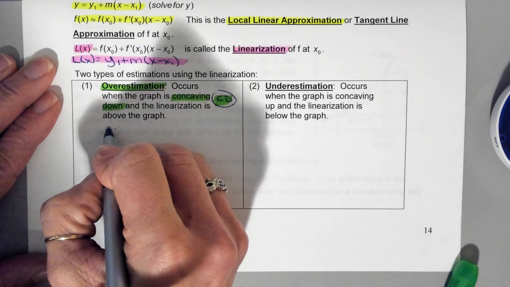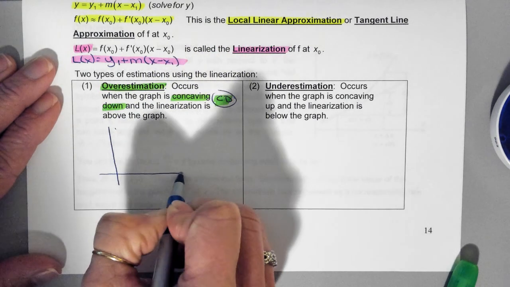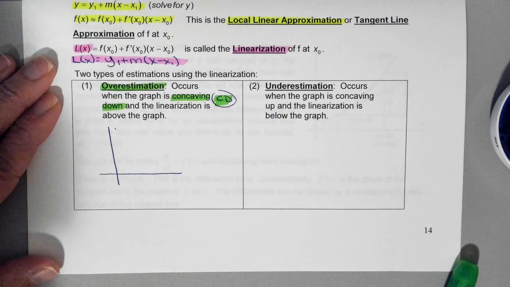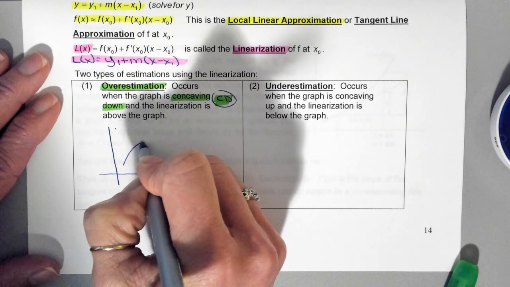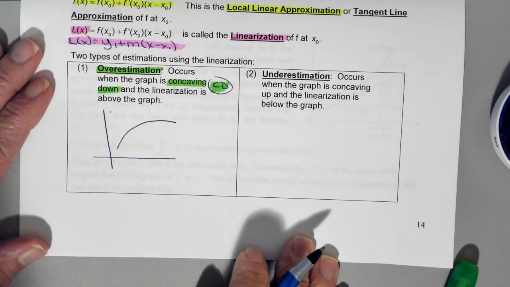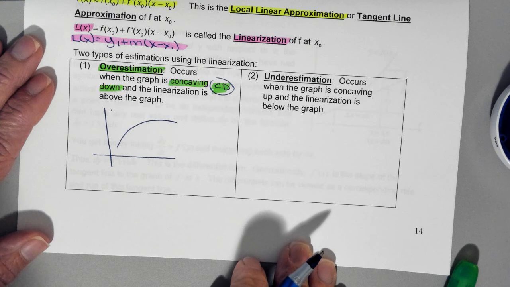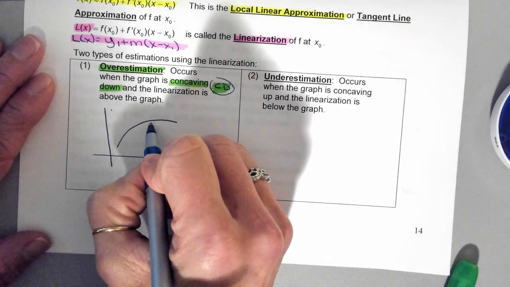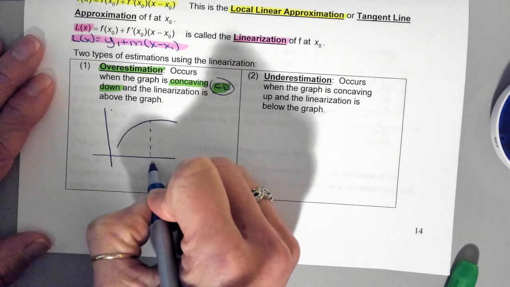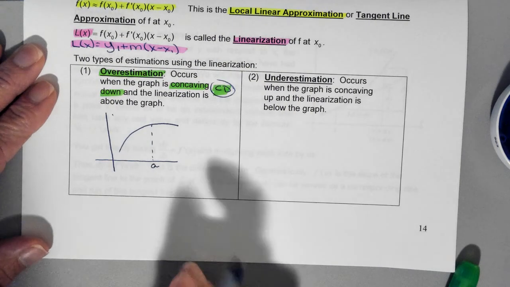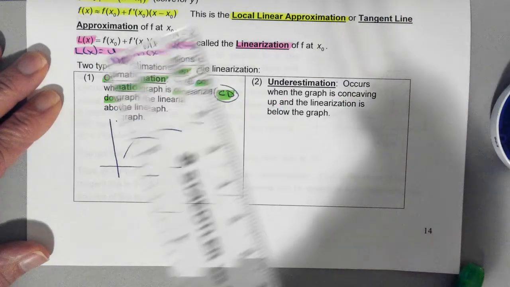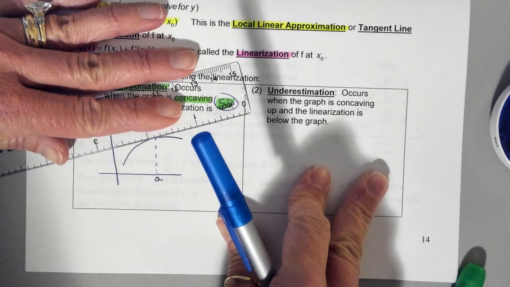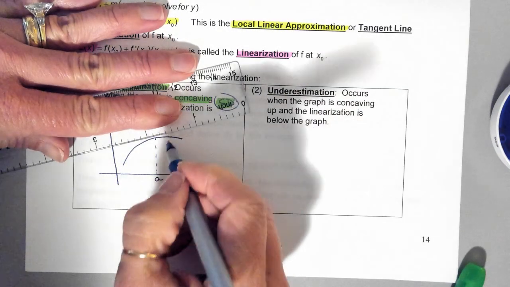So this is what we've got. We've got a graph, and the function that we are given, f of x is equal to whatever our function is, that portion is concave down. So they want us to evaluate or approximate f of, we'll call it a for now, which we'll say is at this point. When we find the equation of a line that's tangent to the curve at this given point, what's going to happen is that line is going to be up here.